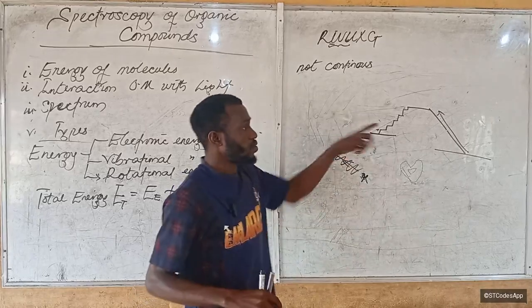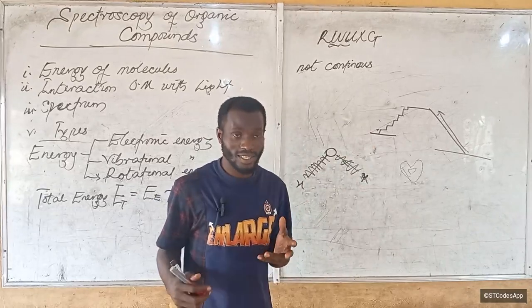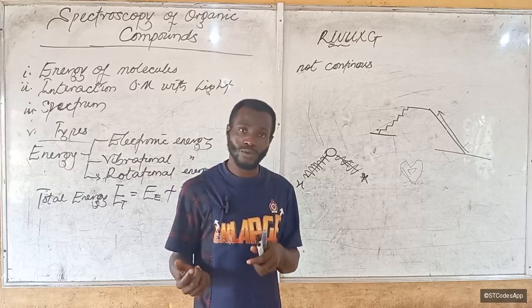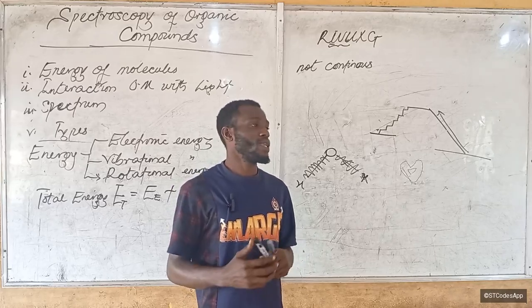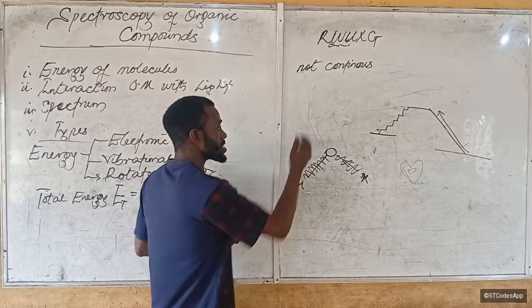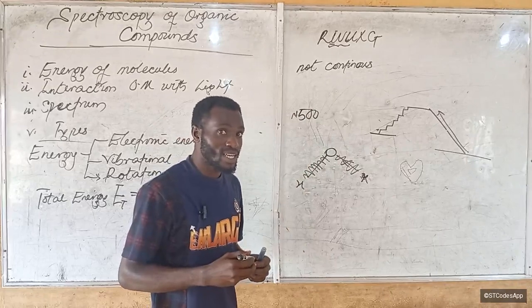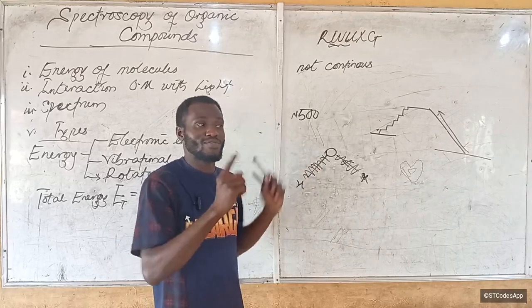Let me use an analogy from this part of the world. If a child is told to bring money from school, let's say 1,000 naira, and you give the child 500 naira, he will keep waiting until you give him the 1,000 naira before he goes to school.